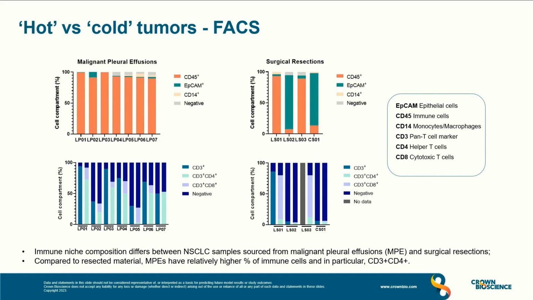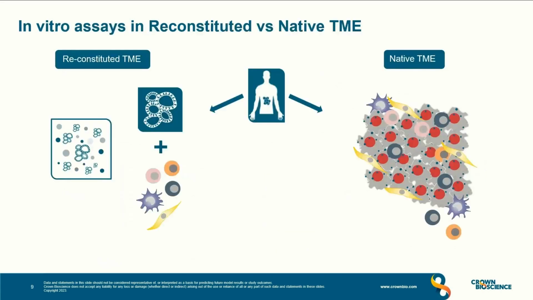Identifying such differences from one indication to the other and from patient to patient within the same indication is not only important for the predictive value of the human TME analysis, but also for selection of the right contexture for the novel therapies testing.